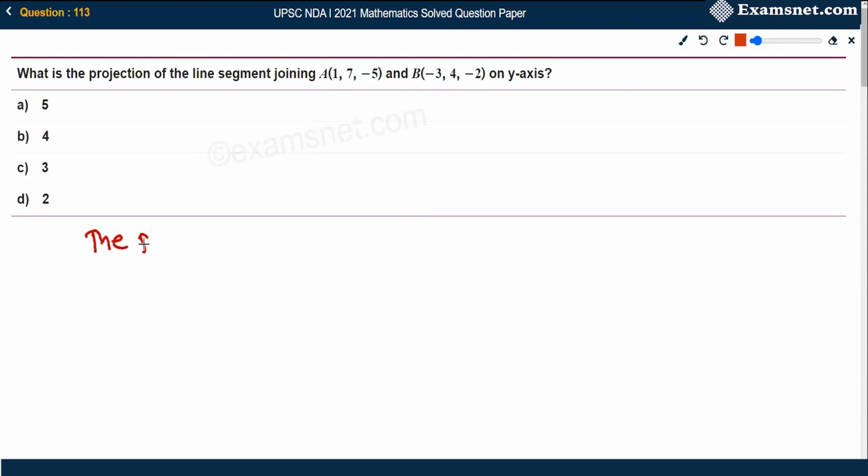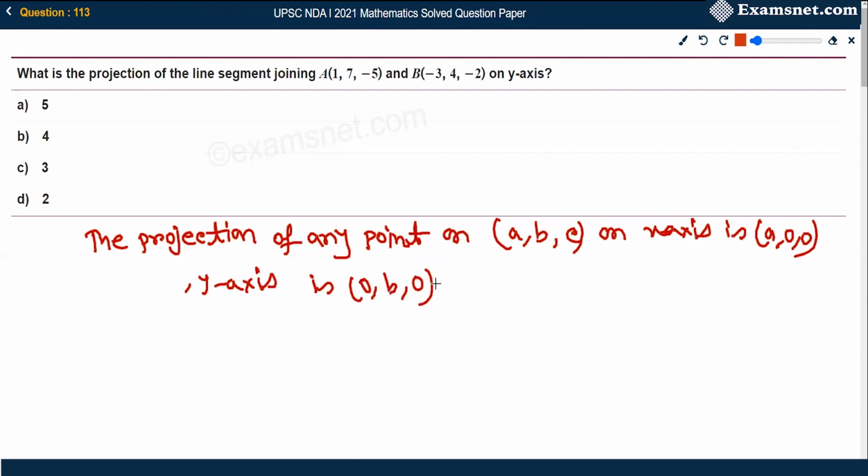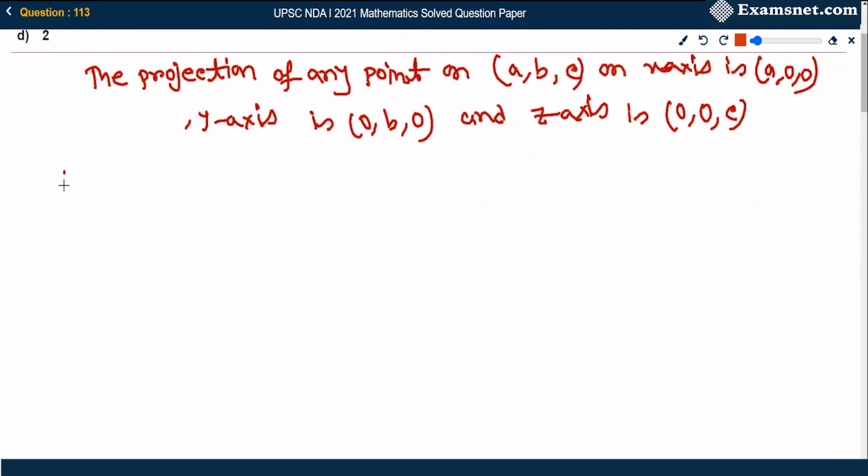The projection of any point (a, b, c) on the x-axis is (a, 0, 0), on the y-axis is (0, b, 0), and on the z-axis is (0, 0, c).